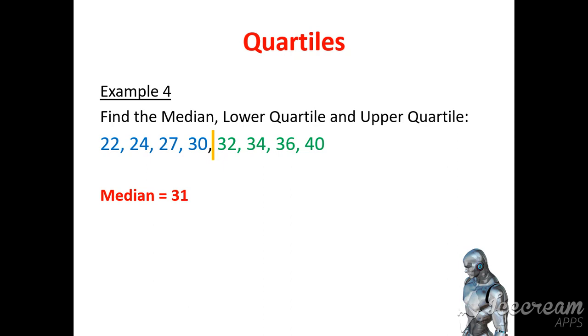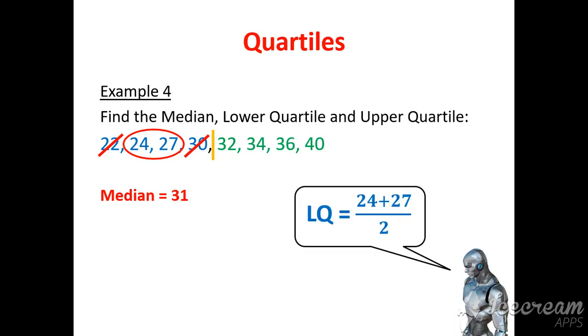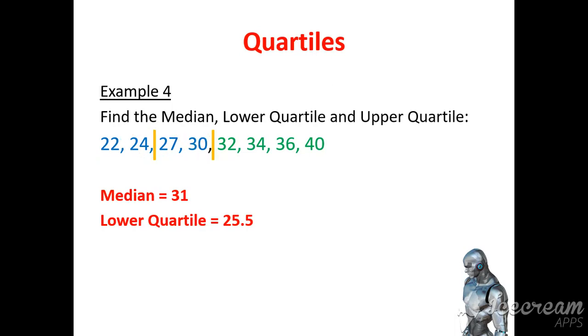Now all the numbers on the left are in the lower group, all the numbers on the right are in my upper group. So let's look at my lower group and find the middle number of that group. Well, there are 2 numbers in the middle again. We solve this once again by adding them together and dividing by 2. 24 plus 27 divided by 2 gives me 25.5. And guess what?